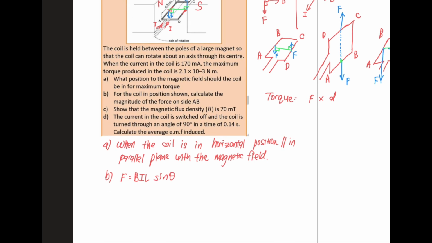The theta is 90, as you can see, it is perpendicular. The current and the B are perpendicular. So we can just use F equals BIL because sine 90 is 1.